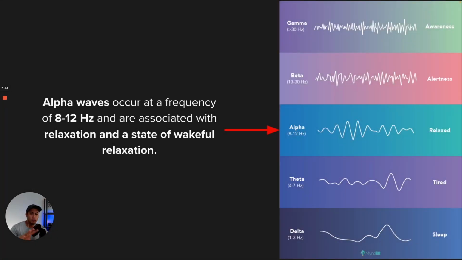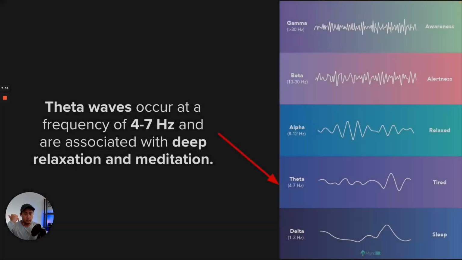Alpha waves occur at a frequency of 8 to 12 hertz, and they're associated with relaxation and a state of wakeful relaxation. Theta waves occur at 4 to 7 hertz and are associated with deep relaxation and meditation.